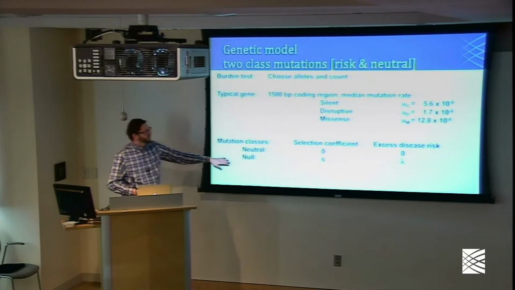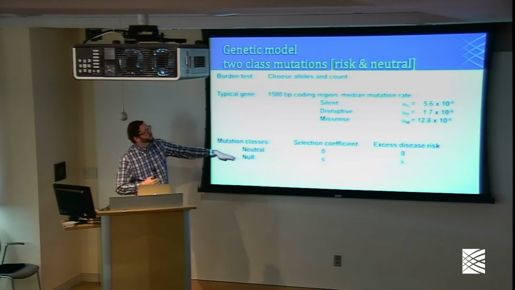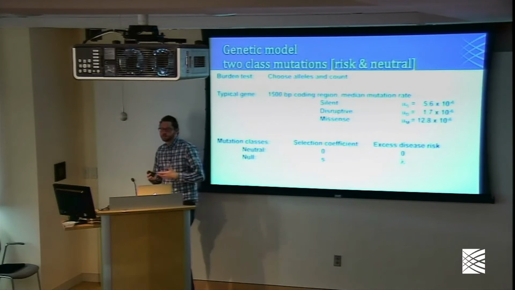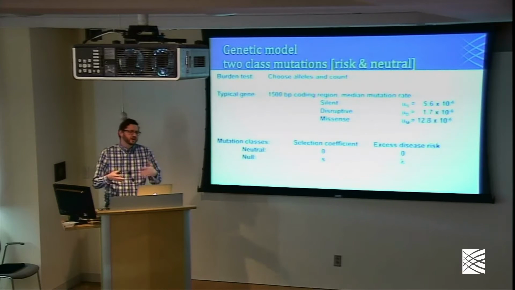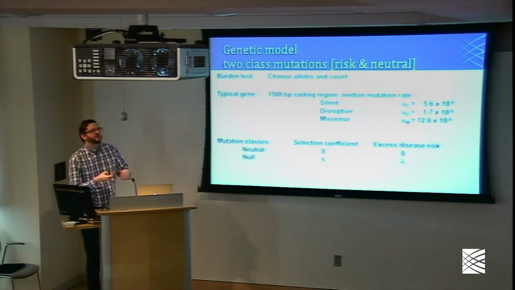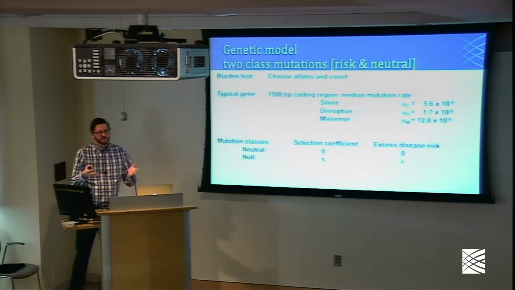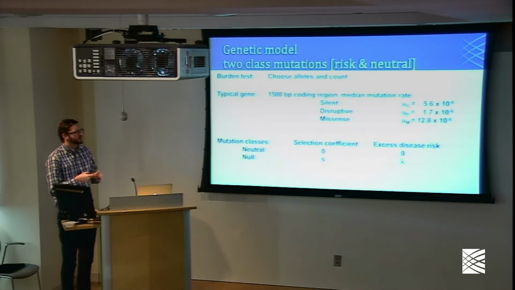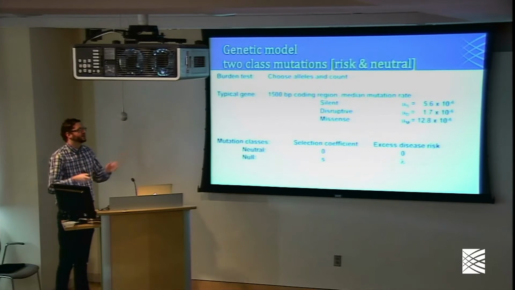And then on the other side, we have these null mutations. And I'm using null here to telegraph the LOF, the disruptive kinds of ideas. But this model you can pervert a little bit if you want to think about only genes where there are missense mutations that would increase, the gain of function kinds of mutations. You can tweak it to get there.